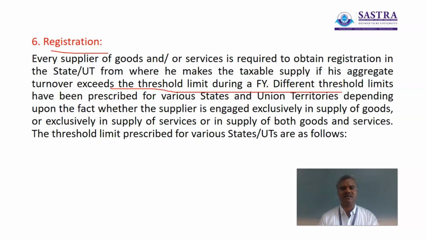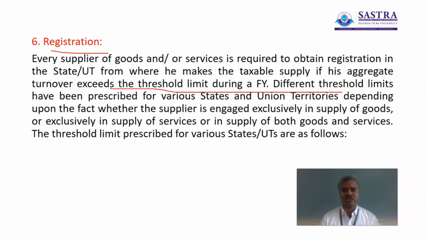When they are registered, only then are they eligible to collect GST as well as claim ITC. These are the advantages of registration. We'll discuss registration separately once we finish unit 1. It is in unit 2, where we'll discuss it elaborately.